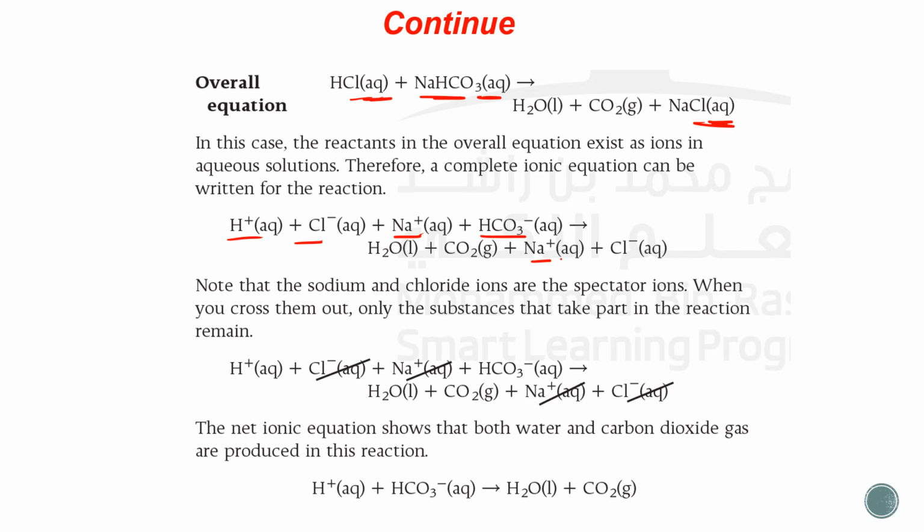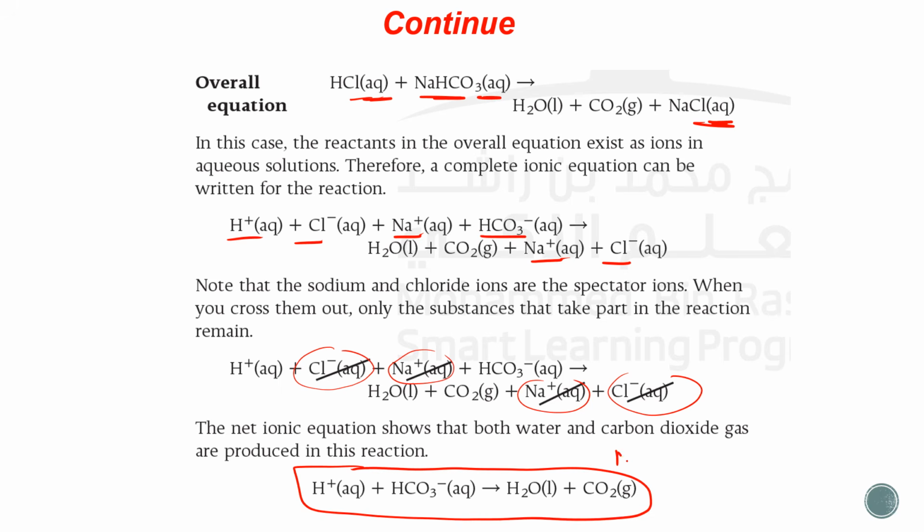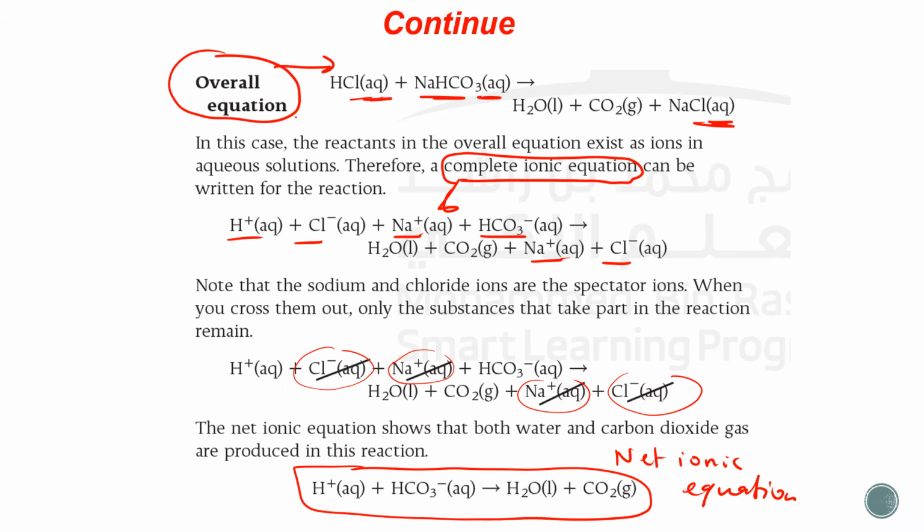And NaCl is Na+ and Cl-. Now remember to remove the spectator ions, the ones that are the same on the right and on the left. When we remove them, we get this equation, which is the net ionic equation, and this one is the complete ionic equation. It's the same as what we studied, but now applied to the overall equation.